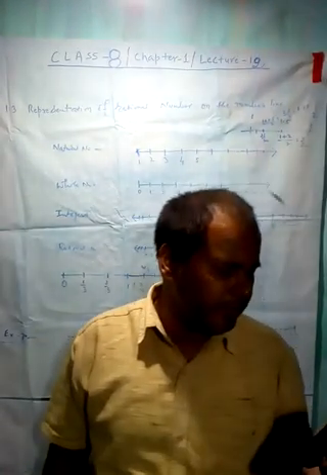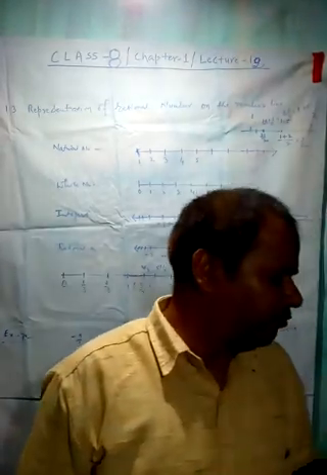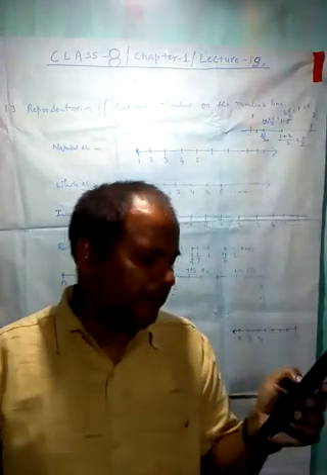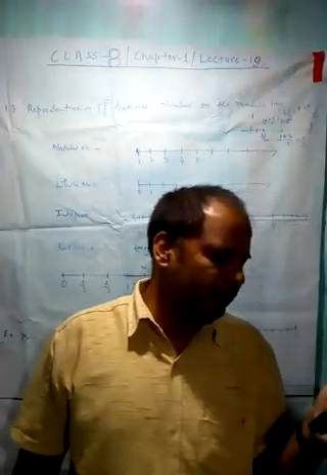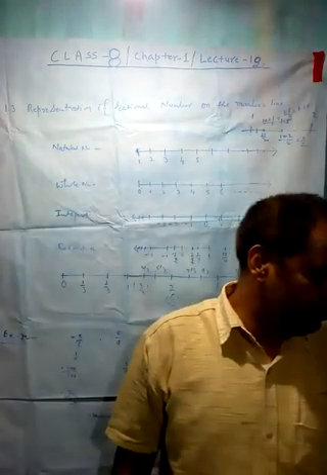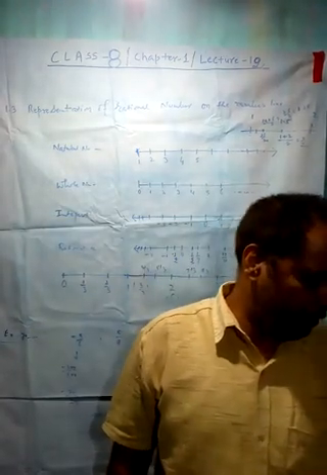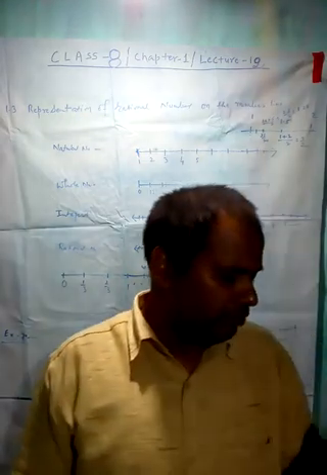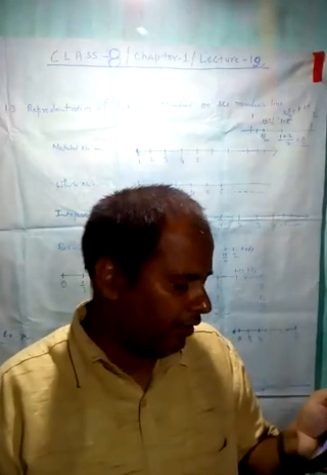Find the rational number between 1 by 4 and 1 by 2. So we find the mean of the given rational numbers 1 by 4 and 1 by 2, divided by 2, and the value is 3 by 8. 3 by 8 lies between 1 by 4 and 1 by 2.